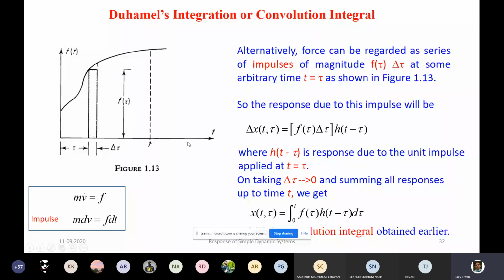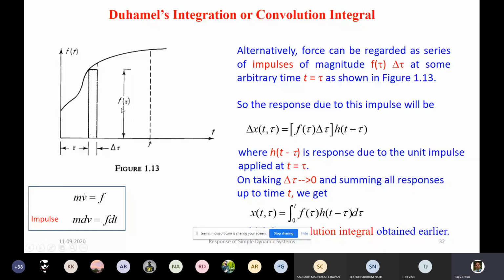So instead of the step function, at t equal to tau, this rectangle is the impulse which is applied at t equal to tau, and the duration of that is delta tau. The magnitude of the impulse is f(tau) into delta tau, because impulse is defined as the force into the time duration. So this is one of the impulses.